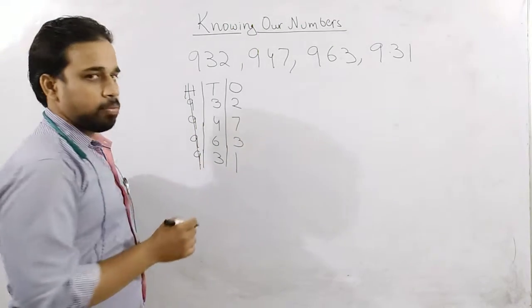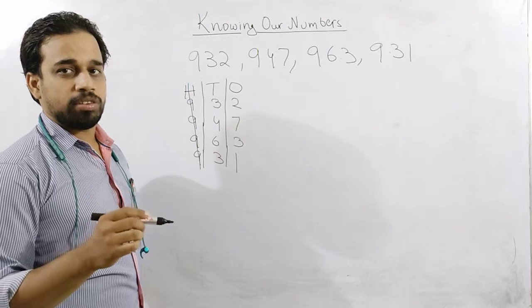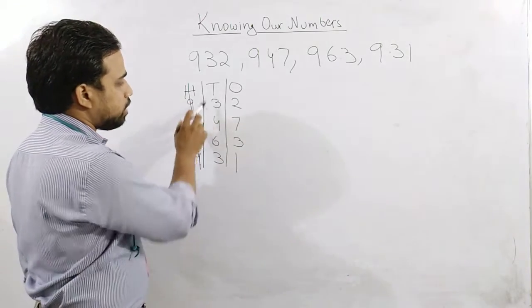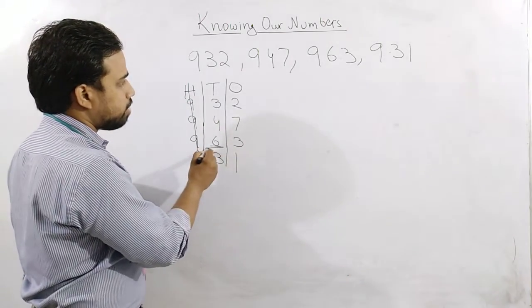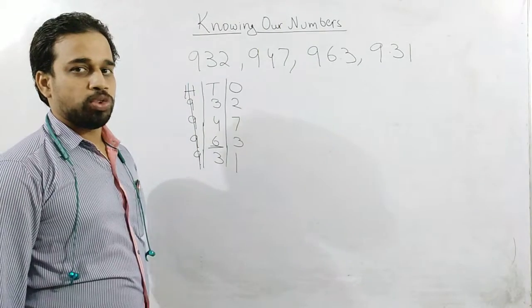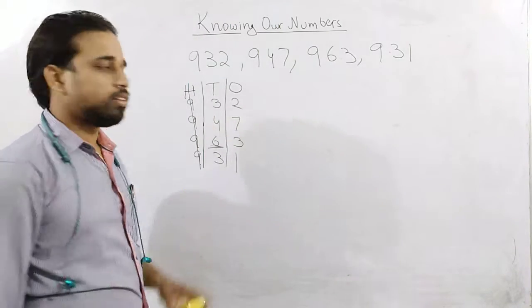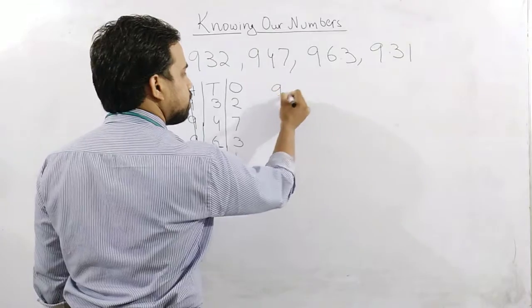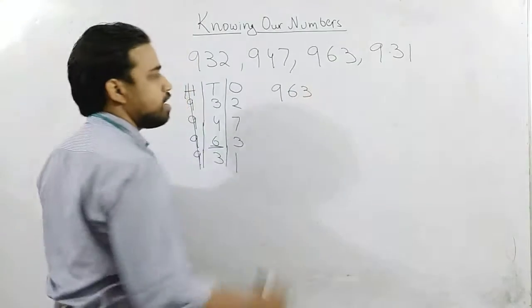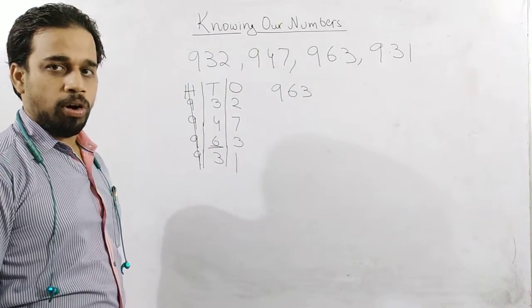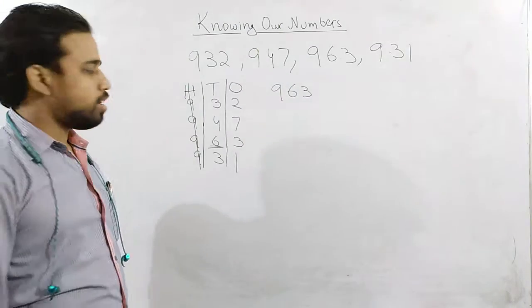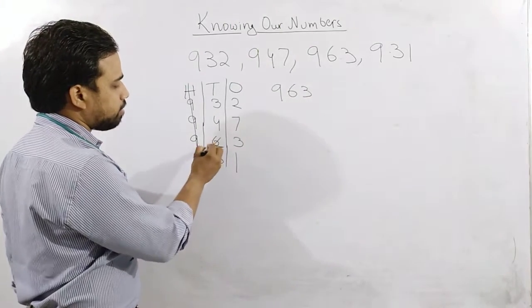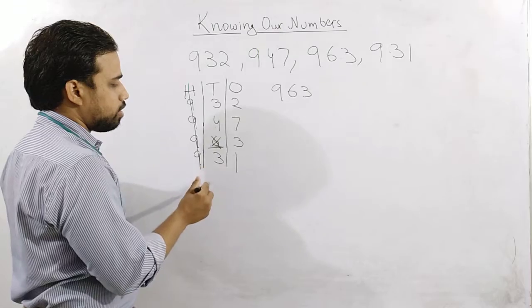If we come to the tens numbers, the greatest number is 6. So the number with 6 in the middle, that is 9, 6, 3, is the greatest of them all. And if you go on further, after 6, which number is the highest? 4.